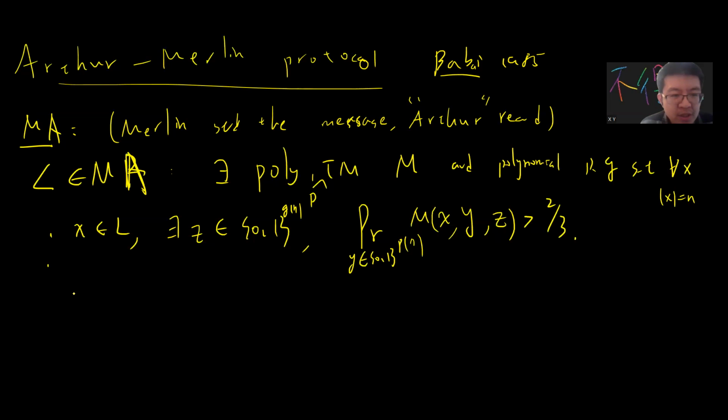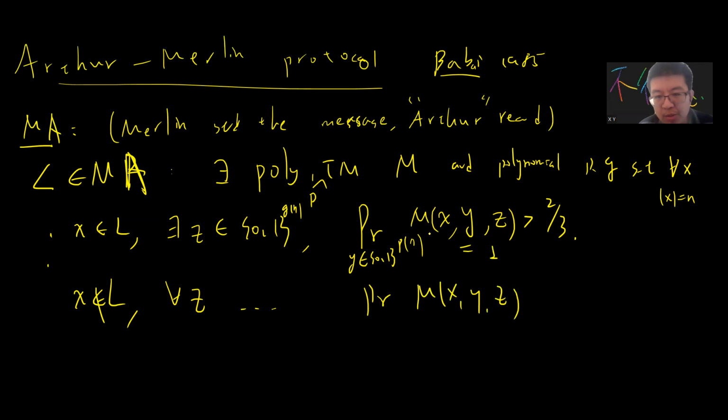Okay, and if x does not belong to L, then for all Z, the probability that M outputs 1 is less than a threshold. Okay, so this is Merlin-Arthur.